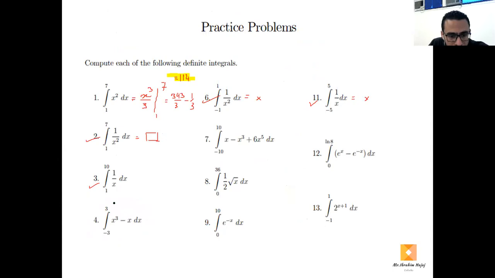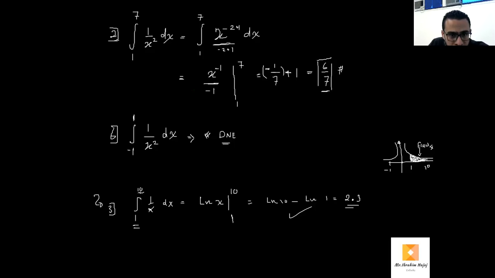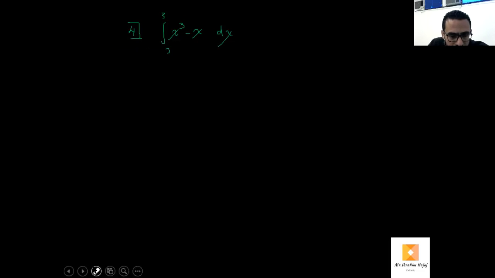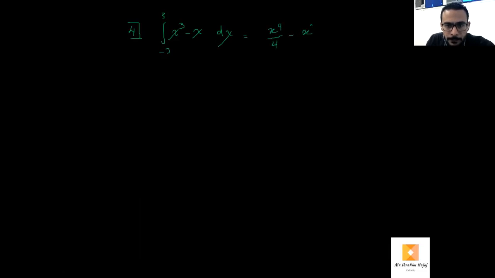The integral from negative 3 to 3 of x cubed minus x dx. Yes, Mr. Usama? Okay, so the antiderivative is going to be x to the power of 4 over 4 minus x squared over 2, evaluated from negative 3 to 3.